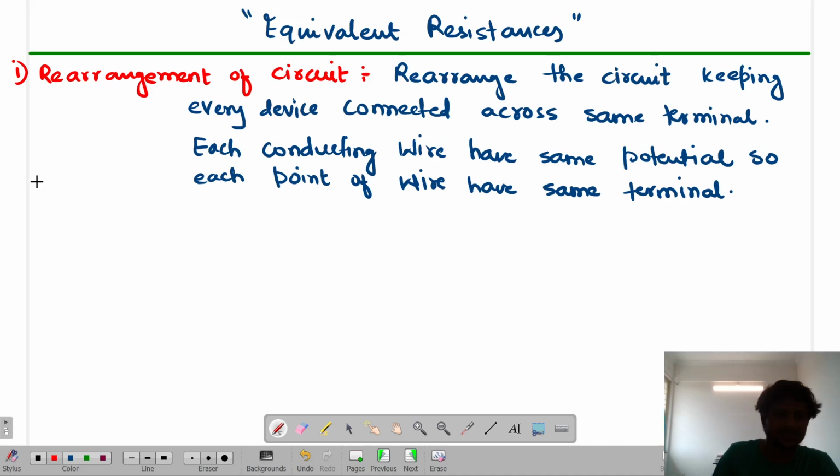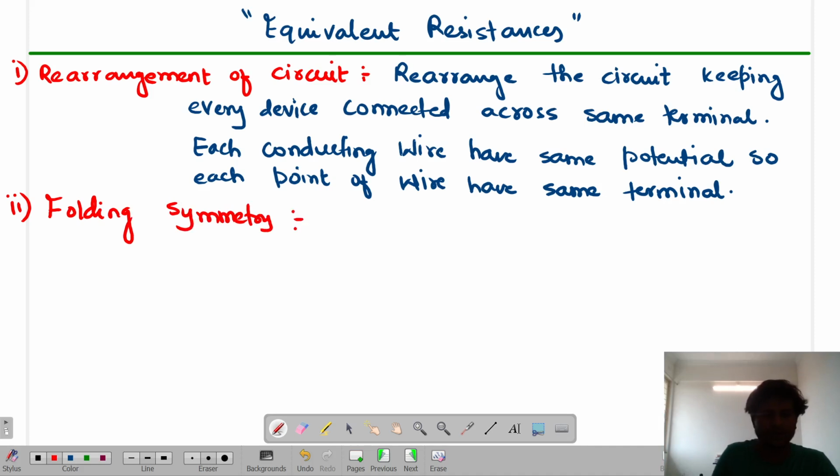Okay. Second case is that in some circuit you can see that there is a folding symmetry. Now look over here, how to understand whether there is a folding symmetry or not and how to find its equivalent resistance.